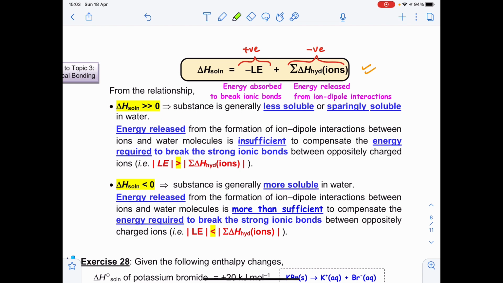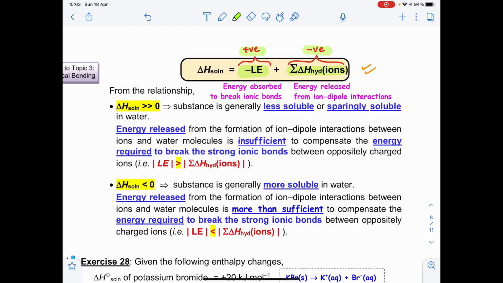And remember, minus lattice energy is a positive term. It's the energy needed to break the ionic bonds. And the sum of the enthalpy change of hydration of ions is the negative term. It is the total energy released from the ion-dipole interaction.